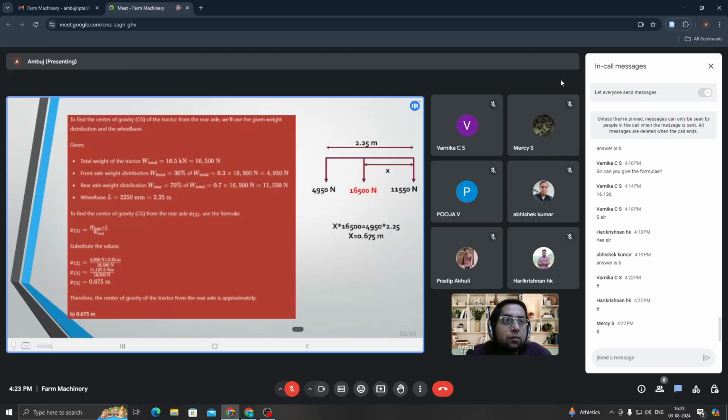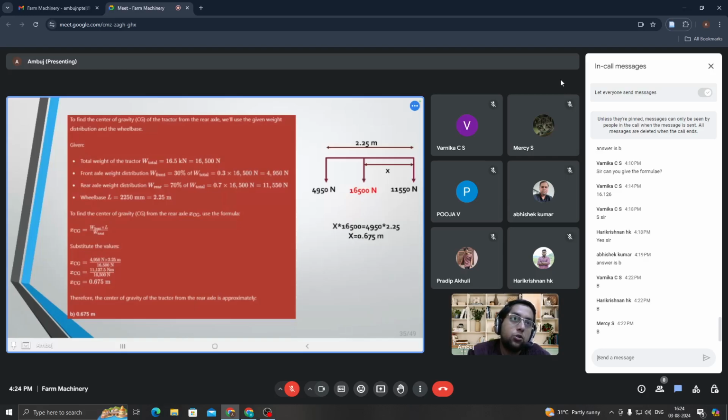Now I am asked about this CG from the rear axle. I'll take the distance as x. The weight of any implement or any body would be acting only at its CG, which is already given as 16500 newtons.